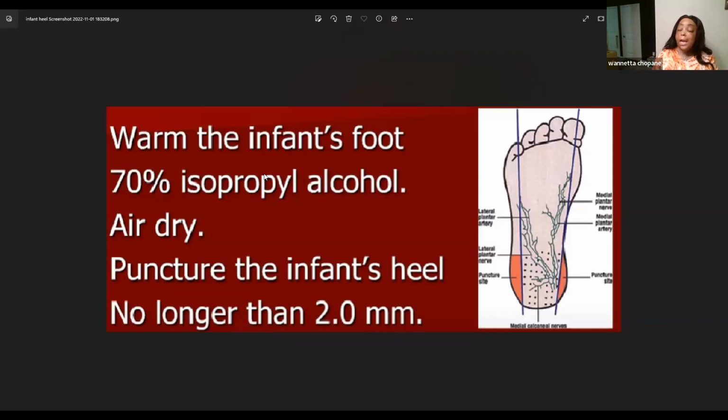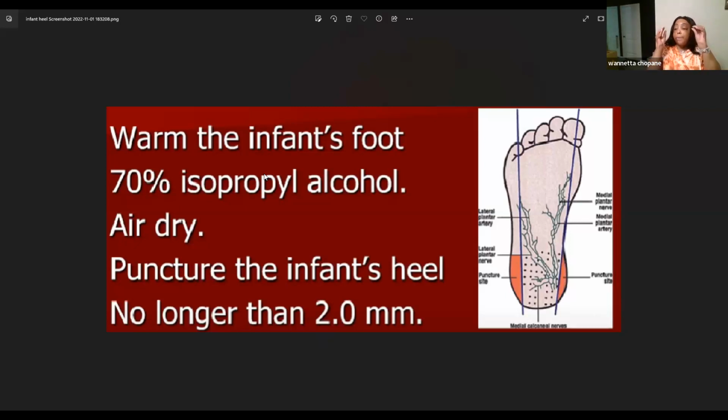We still let it air dry. Per CLSI standards, we have to let the alcohol air dry. We don't blow on it. We don't wave at it. We don't take a gauze and wipe it dry. We let it air dry, okay? And then we go ahead and puncture the infant's heel.